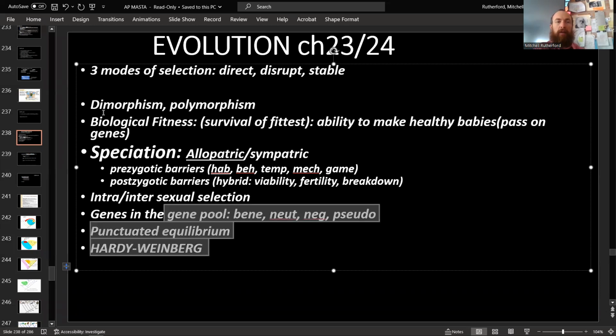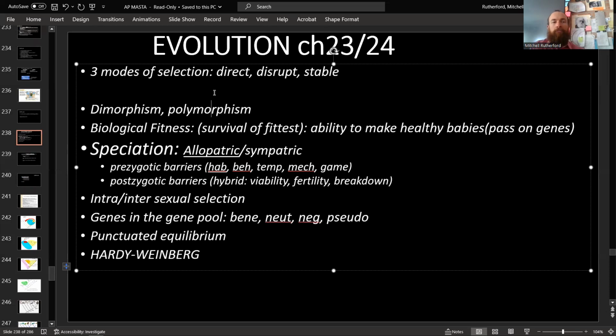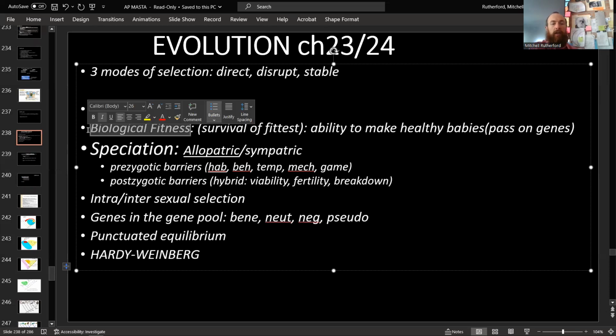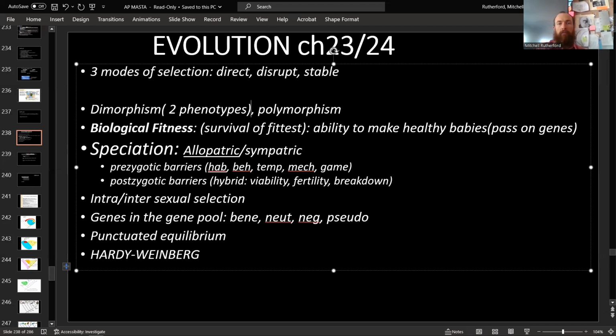Okay, I want to define that one. Dimorphism means that there are two phenotypes, and polymorphism means that there are more than two phenotypes.